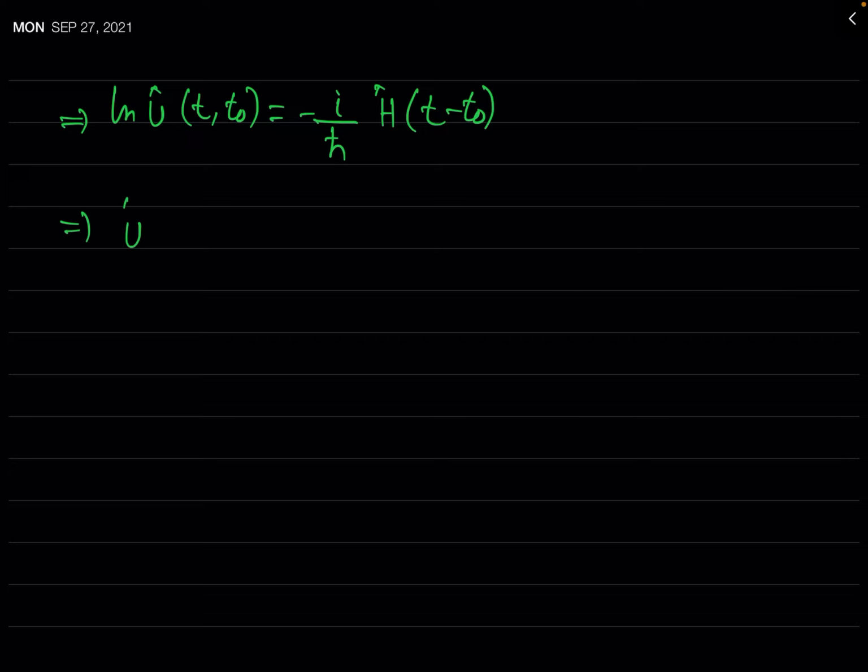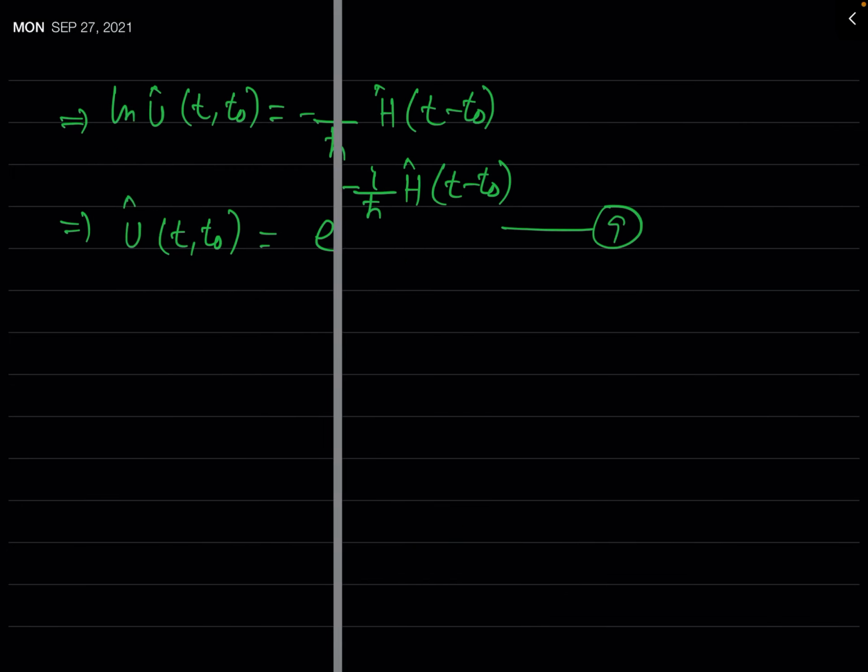And so if you want to find the value of U hat(t, t0), it will be e raised to the power minus i over h bar H hat (t minus t0), and say this is your equation 9.